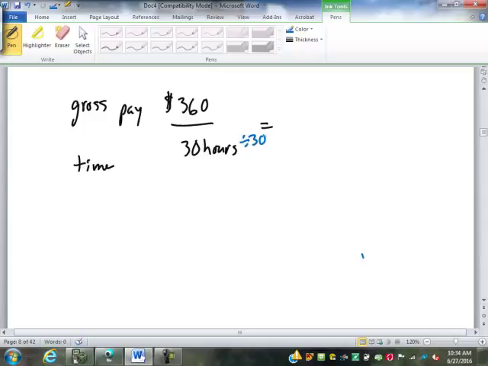Divide by 30. Divide by the number in the denominator. 30 hours divided by 30, of course, is just 1 hour. 360 divided by 30 is $12. So it's $12 over 1 hour, or $12 per hour. That would be your unit rate. Your hourly wage is a unit rate.